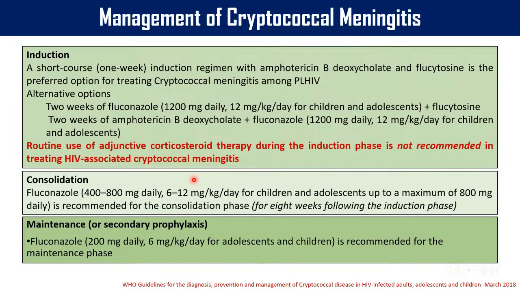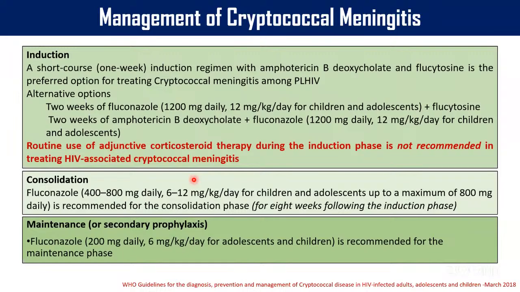Or you can give 2 weeks of amphotericin B with fluconazole because flucytosine may not be available in some situations. So, depending on your availability and your experience, you can use these different regimens. There is no role of steroid in the management of cryptococcal meningitis.